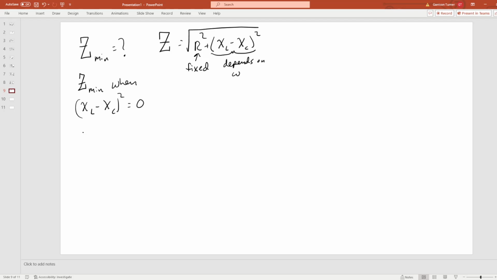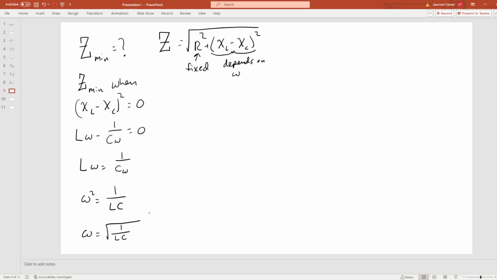So let's calculate this. L omega minus 1 over C omega equals 0. That means L omega equals 1 over C omega. And therefore omega squared is equal to 1 over LC, and omega is equal to the square root of 1 over LC.